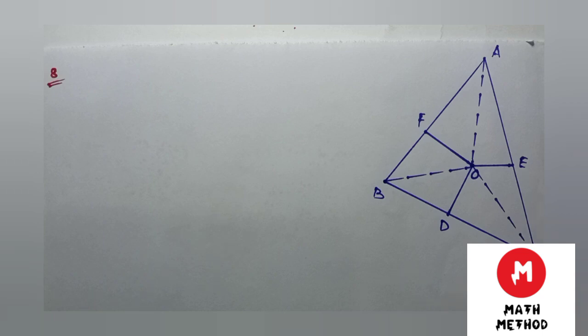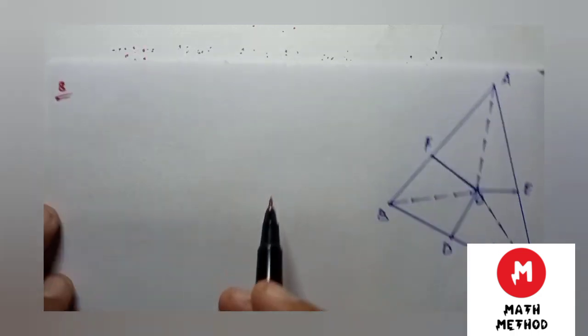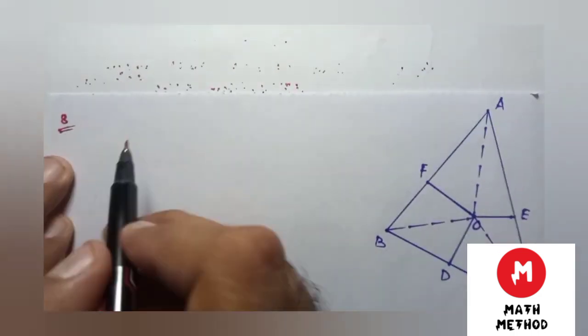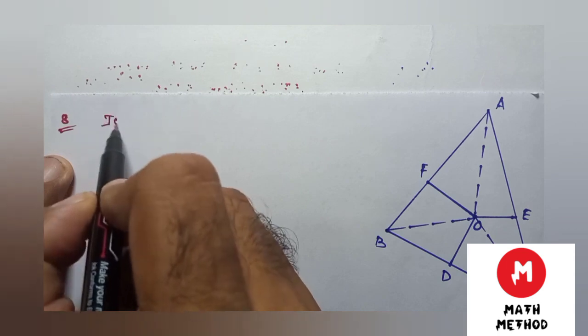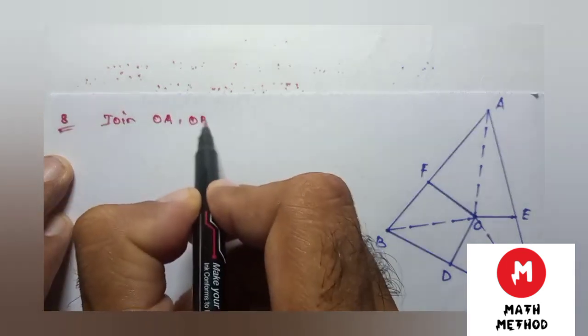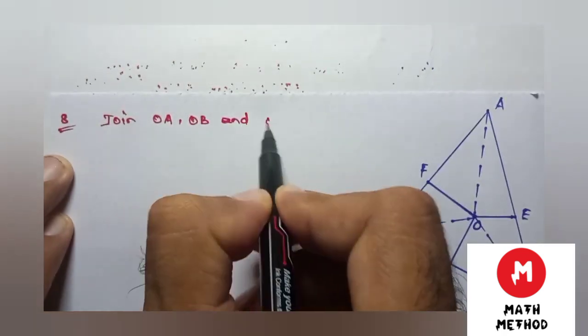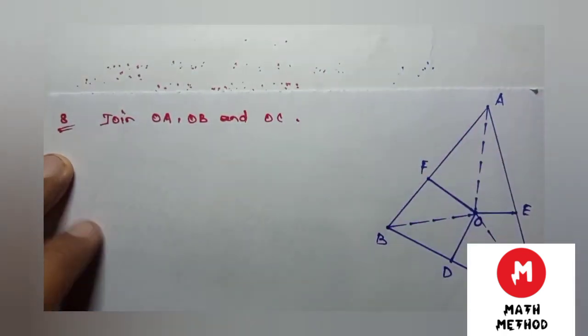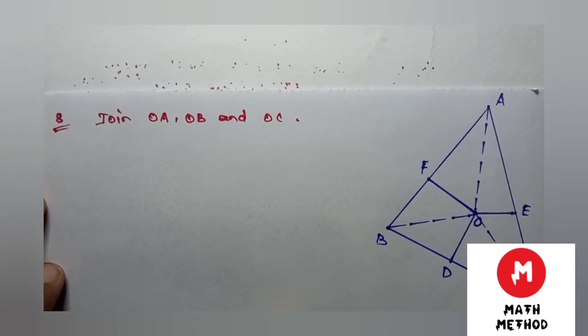Now see this figure. We have to prove the given statement in part number 1 of question number 8. At first we have to join OA, OB and OC. This is for all the parts of question number 8, both 1 and 2.